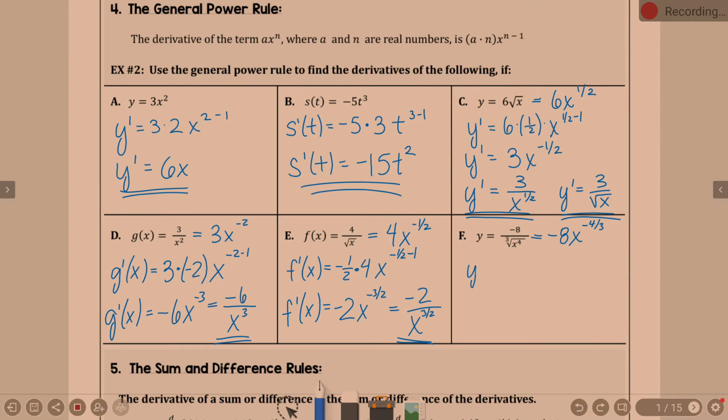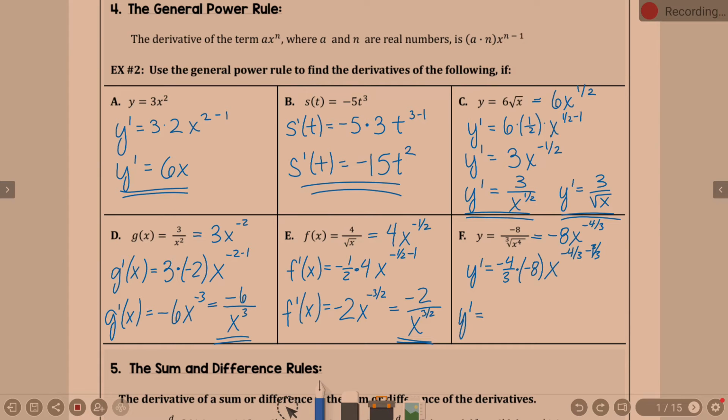So y prime, I'm going to be doing negative 4/3 times the negative 8 that's already there, x to the negative 4/3 minus 1. So I'm going to be subtracting 3/3, if you will, right? Let's see, negative 4/3 times negative 8.